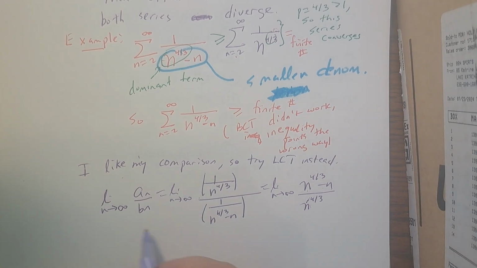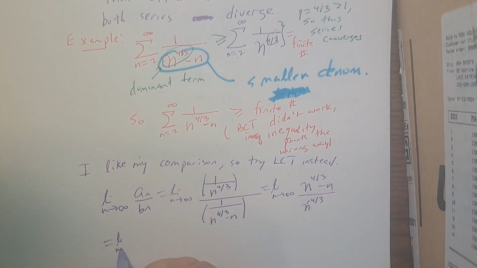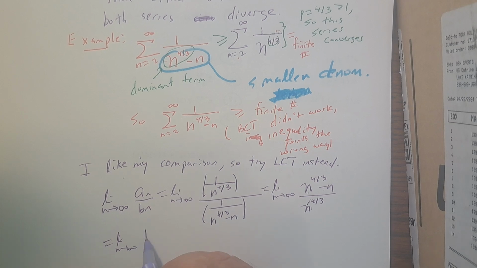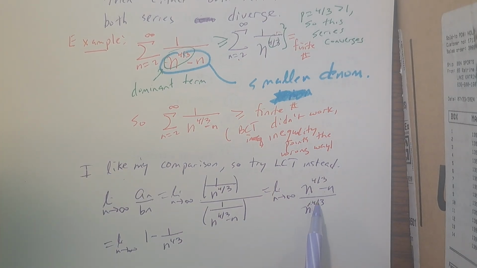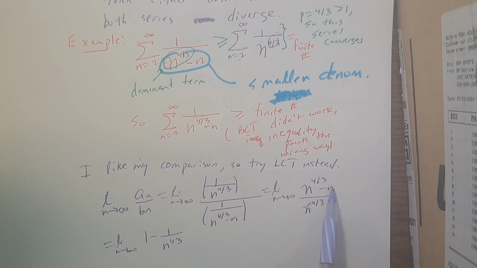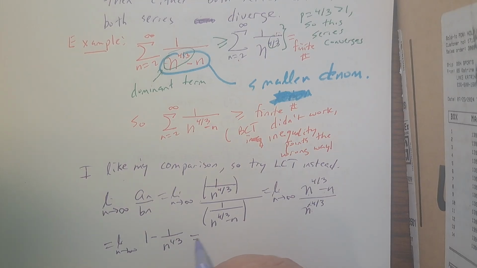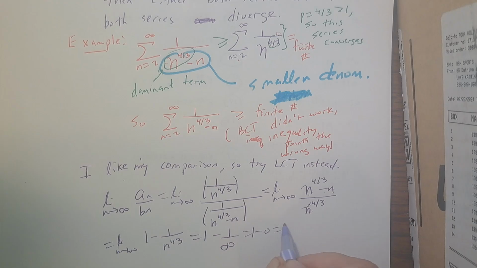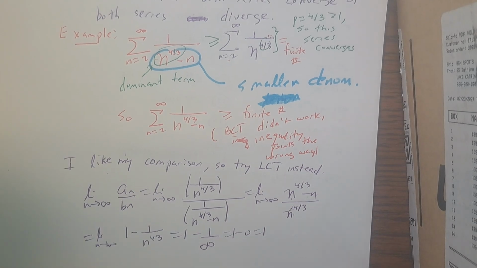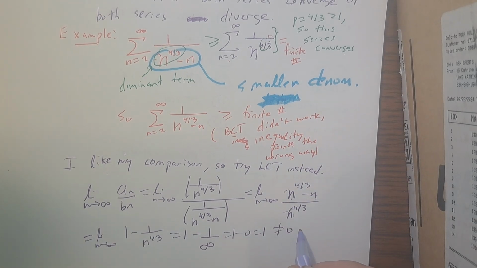If you distribute that denominator, you get 1 minus 1 over n to the 1/3, because n is n to the 3/3 and there's a 4/3 here, so there's an extra 1/3 left over. The cube root of infinity is still infinity, so it's 1 over infinity, so it's 1 minus 0, that's 1. And all that counts is that it's not 0 or infinity.